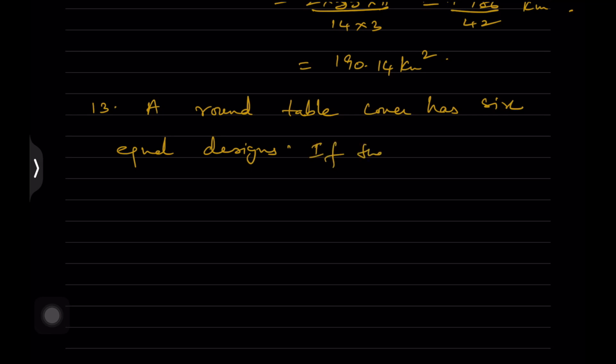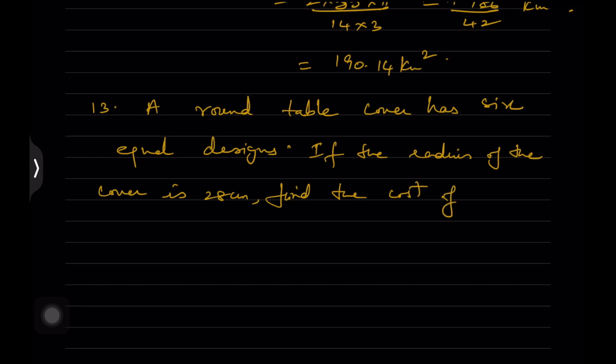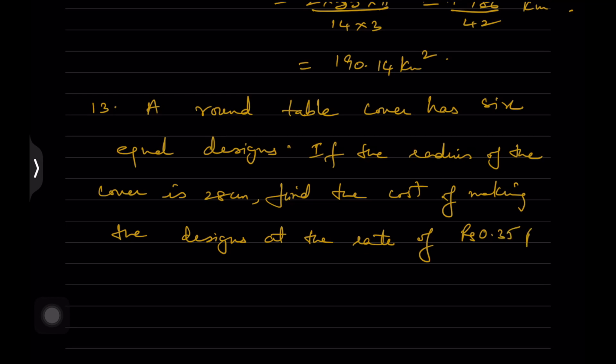If the radius of the cover is 28 centimeters, find the cost of making the designs at the rate of rupees 35 paisa per centimeter square.